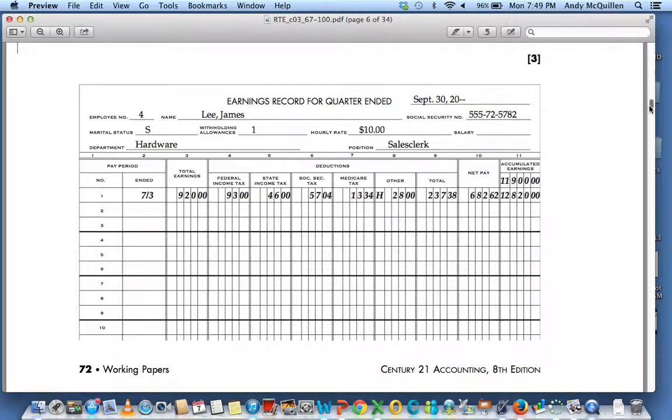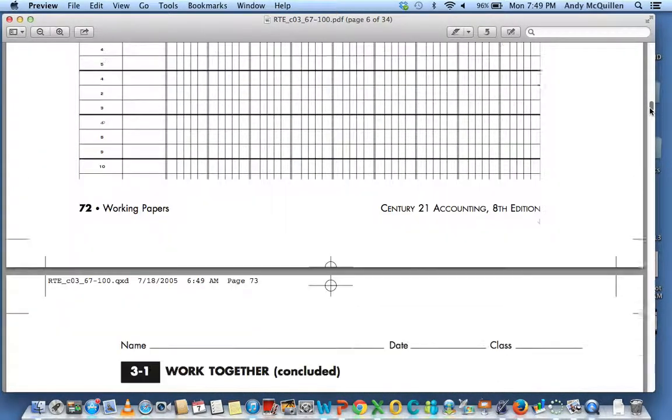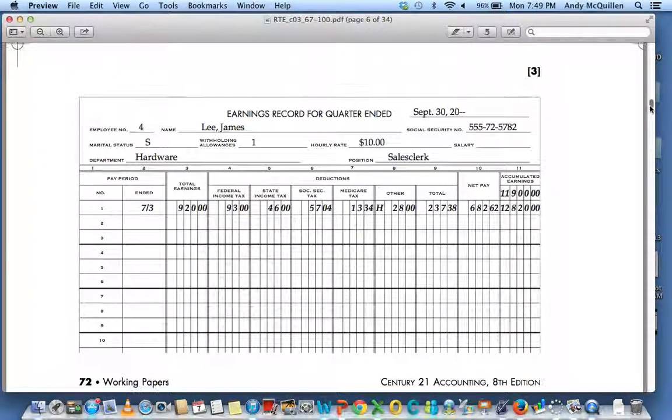Then we go down to the next part, which is Lee James, and we are going to do his federal income tax, state income tax, Social Security, Medicare, and so on. And I'm getting these percentages out of the book. Remember, you take 920 to get federal income tax.